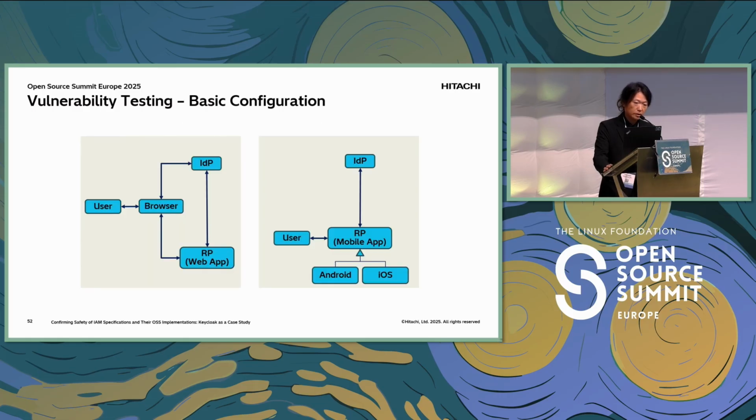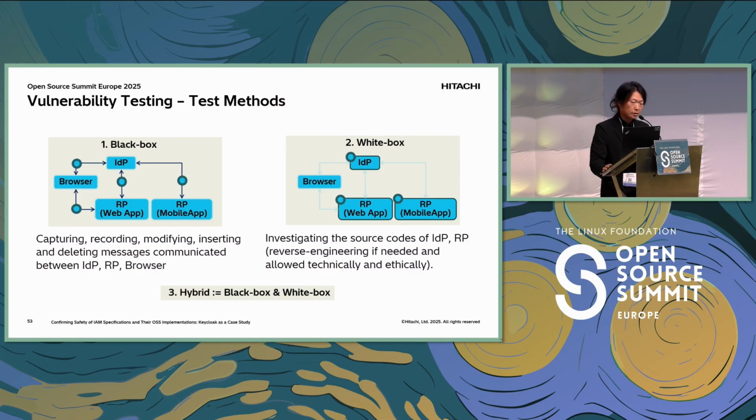Most of the research papers I investigated took the following two basic configurations for vulnerability testing. One is for web applications, and the other is for mobile applications. Both include the entities IDP, identity provider, and RP, relying party, and the user and the browser. They usually used three methods: black box, white box, and hybrid.